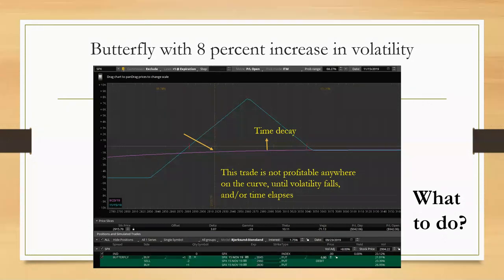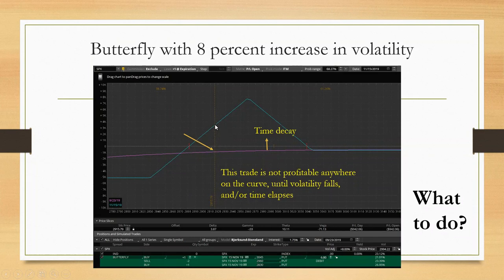It could have been 20%. It could have been any number. But you see what's happened here is along our T+0 line, we are below zero at any point on the graph. And so this is an uncomfortable position.